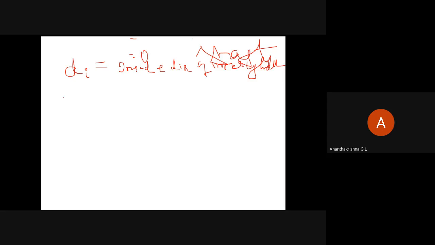Next is D. This is the outside diameter of the inner cylinder.